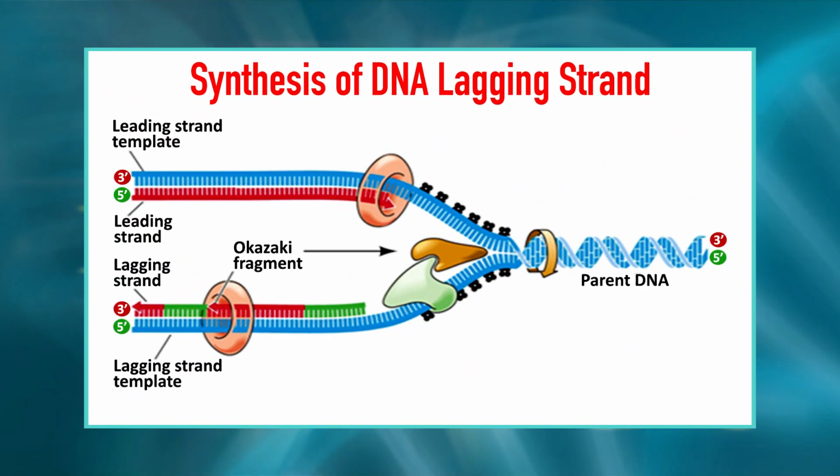RNA primers are formed during the synthesis of RNA, which is initiated de novo, and an enzyme known as primase synthesizes these short fragments of RNA, which are 3 to 10 nucleotides long and complementary to the lagging strand. The Okazaki fragments are then synthesized by the extension of the RNA primers by DNA polymerase.